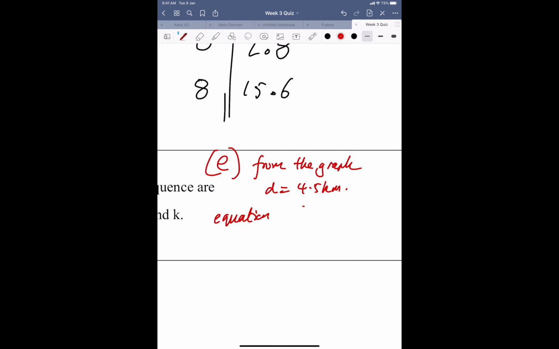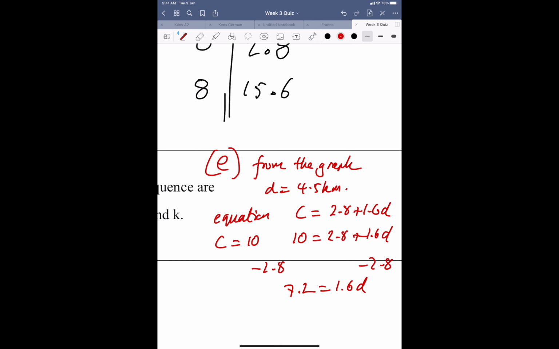The equation is C equals 2.8 plus 1.6D, and the cost is 10, so we substitute 10 in. We subtract 2.8 from both sides, we get 7.2 equals 1.6D, and when we divide by 1.6 to get D, we do in fact get 4.5. So D is 4.5 kilometers, right?